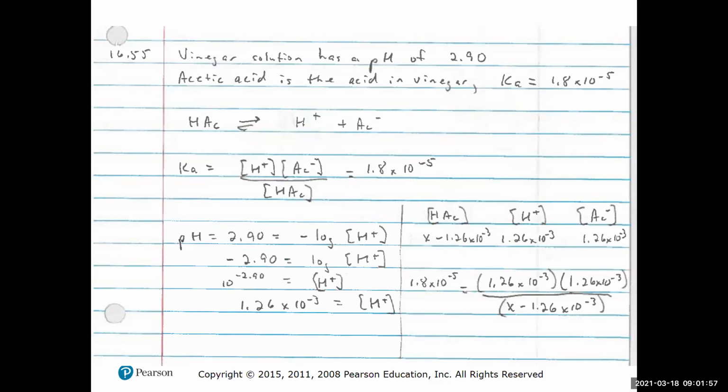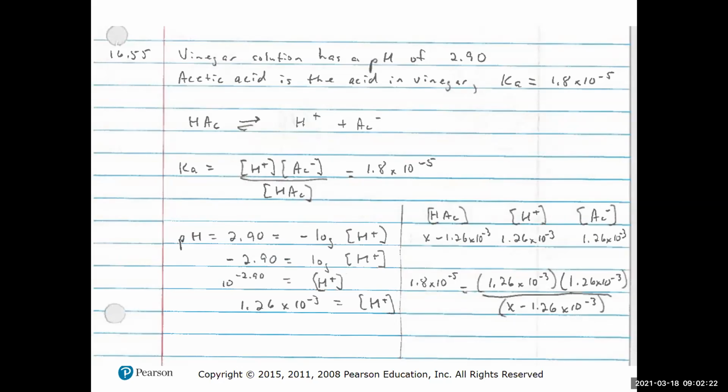So we think about it: we were told the pH is 2.90. If the pH is 2.90, that means 2.90 equals minus the log of the hydrogen ion concentration, which means minus 2.90 equals log of H plus.